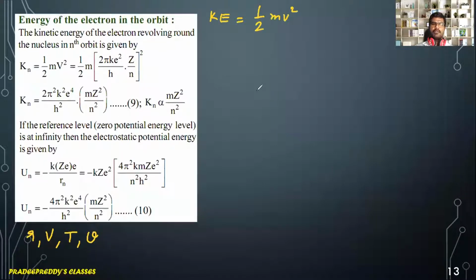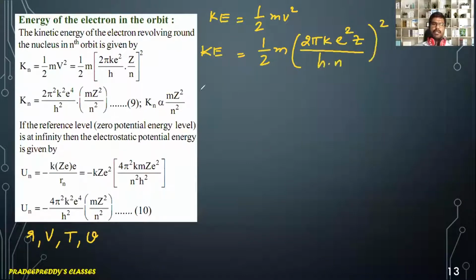We have already got the equation for V, right? You can just substitute that V here. Kinetic energy will be equal to half m into V, the velocity which we derived in the previous video session. It is 2 pi k e square z divided by h into n, whole square.